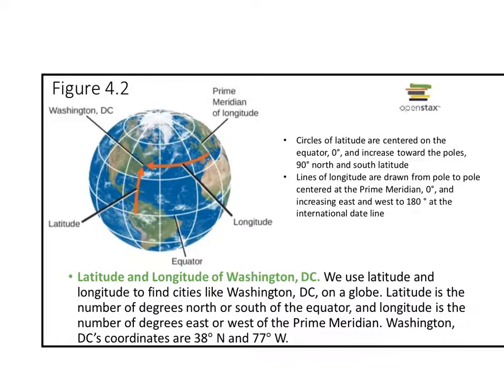These lines of longitude go like this. You need to have a starting point. Lines of latitude have a starting point, that's the equator. Lines of longitude have a starting point too. It's called the prime meridian, so that would be 0 degrees. Then it goes west and east of the prime meridian, and it meets back here at what we call the international date line.